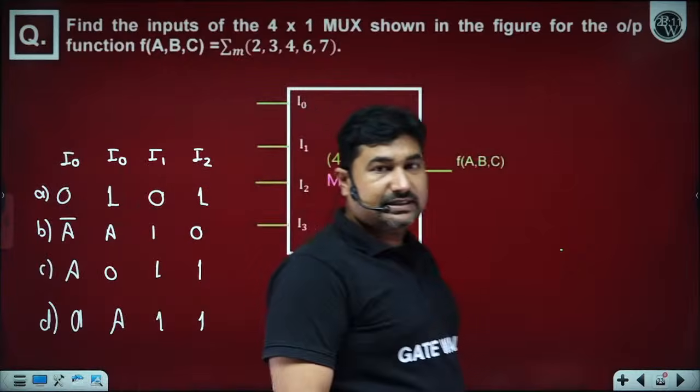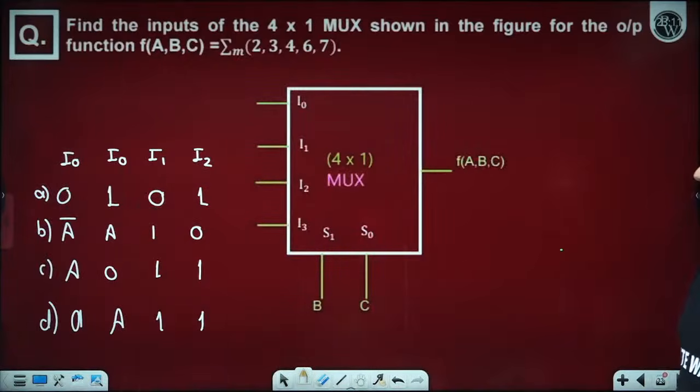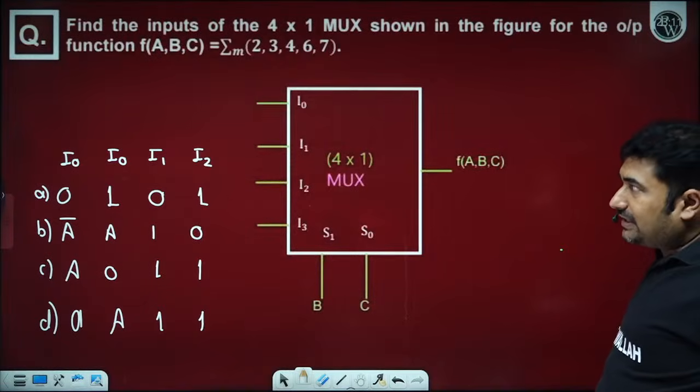Can you please tell me which of the following options is correct?